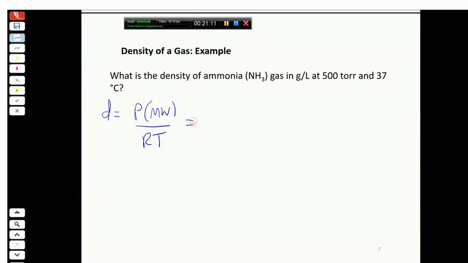And now we just have to put things in. Again, in this equation we're using the value of R, the universal gas constant, so we need to make sure that our other terms have the correct units associated with them. So R is, again, liter atmospheres per kelvin mole. So anytime we're using R, we need to have the pressure in atmospheres.